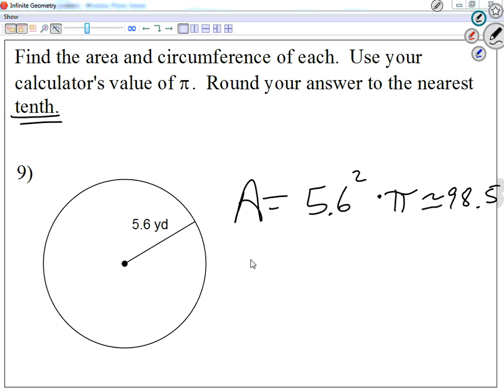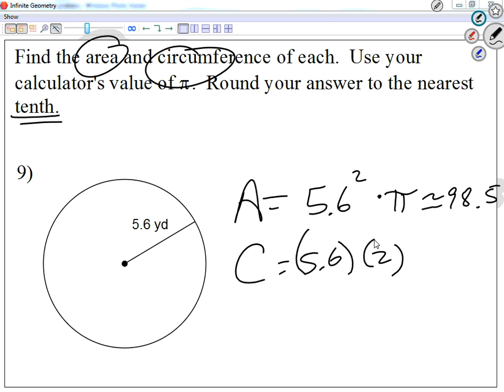For circumference, because I'm asking you guys for both area and circumference, I'm going to go 5.6, which is the radius, times 2. That gives me the diameter, times pi. Remember, I need that diameter, so that's why I go 5.6 times 2.